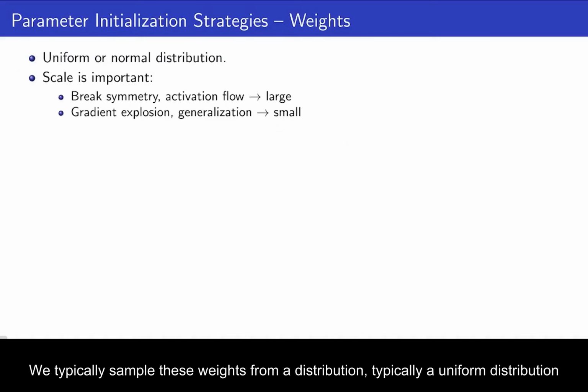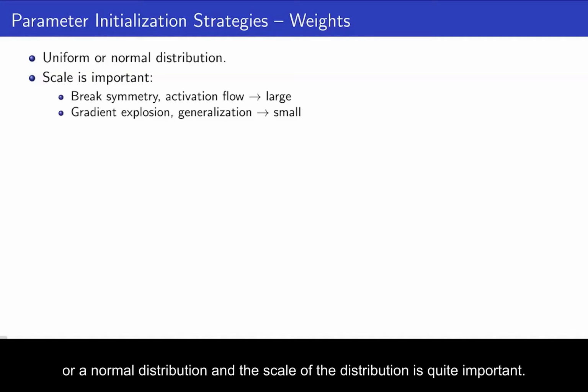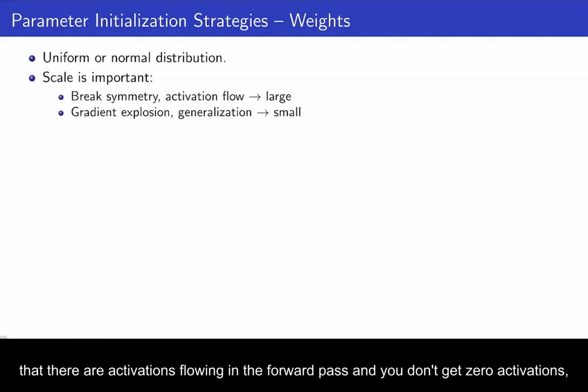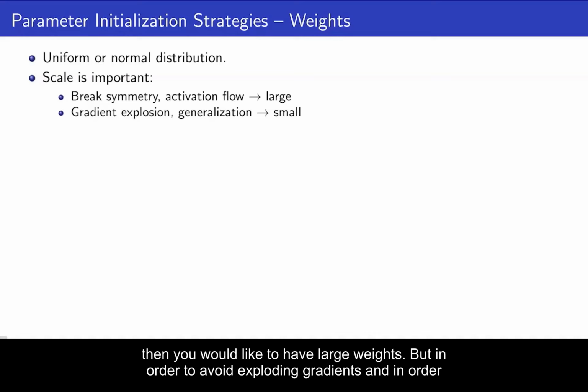We typically sample these weights from a distribution, typically a uniform distribution or a normal distribution, and the scale of the distribution is quite important. If you would like to break symmetry, you would like to have some large weights and to make sure that there are activations flowing in the forward pass and you don't get zero activations. Then you would like to have large weights.